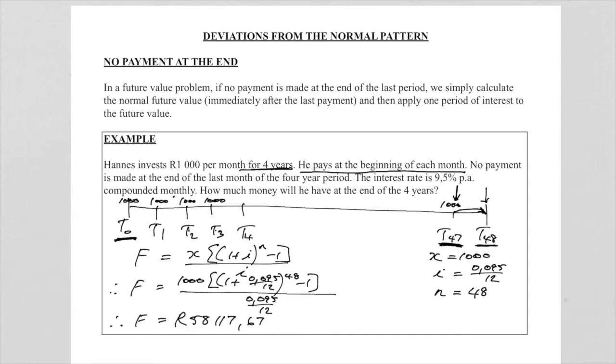So now we need to apply compound interest for 1 month to this amount that we just calculated. So let's do that. Our compound interest formula is A equals P times (1 plus i) to the n. Please take note that n will be 1 because we're only going to do it for 1 month. So my n is 1.